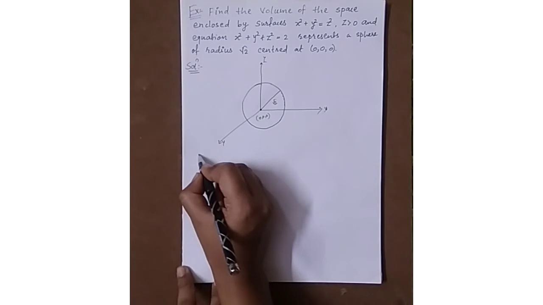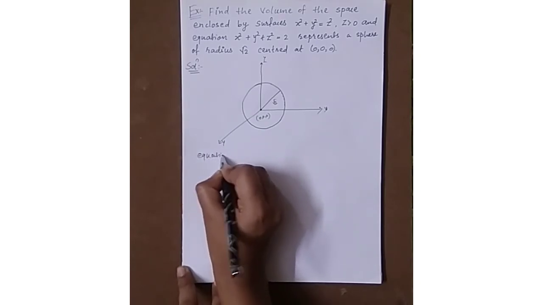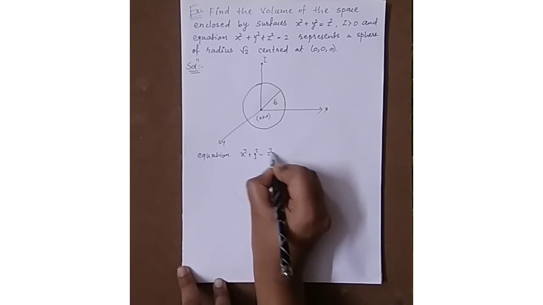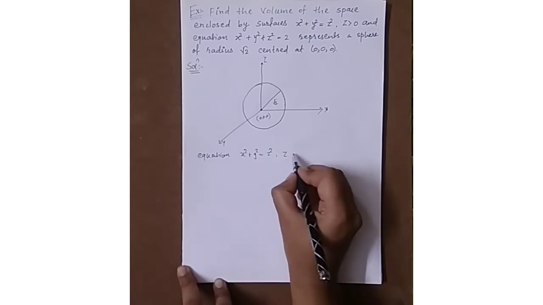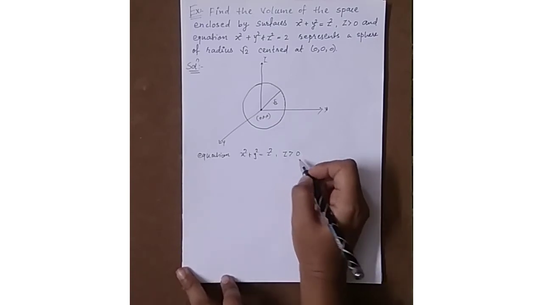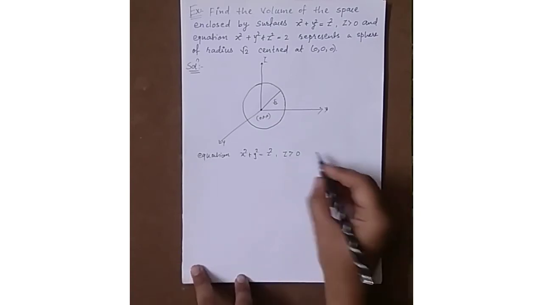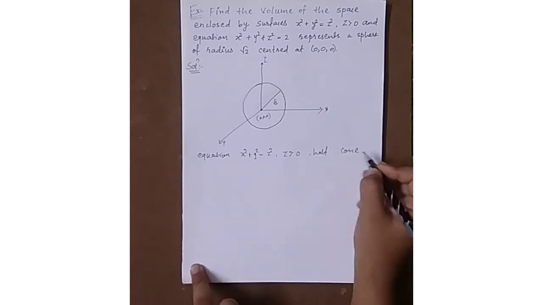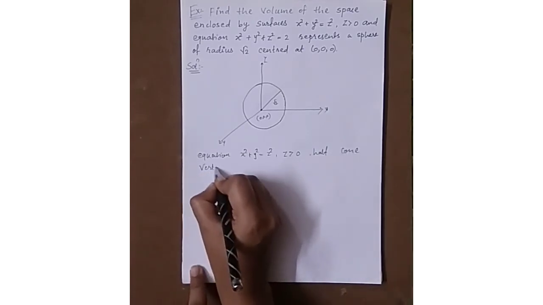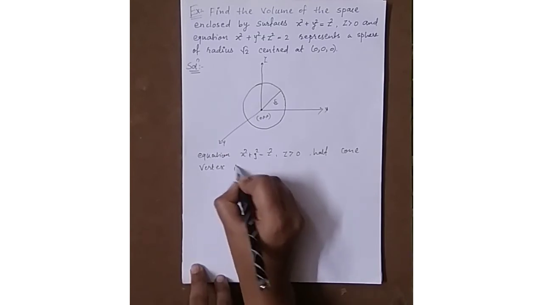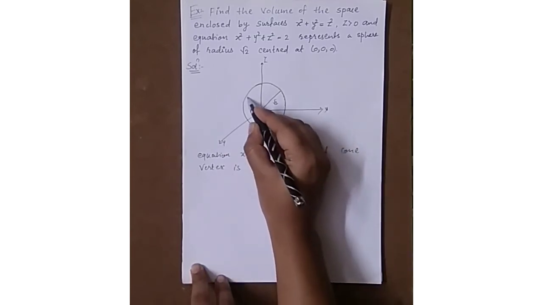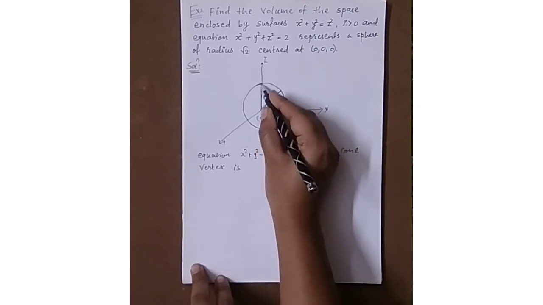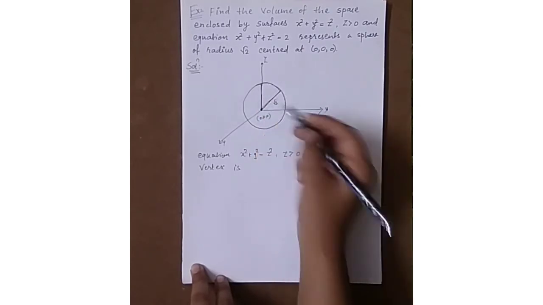The equation x square plus y square is equal to z square, with z greater than 0, represents the half cone whose vertex is 0, 0, 0.